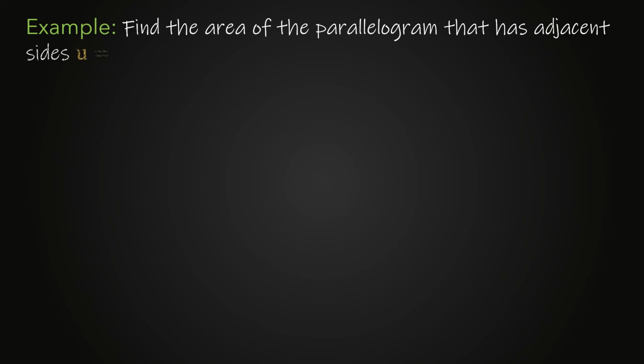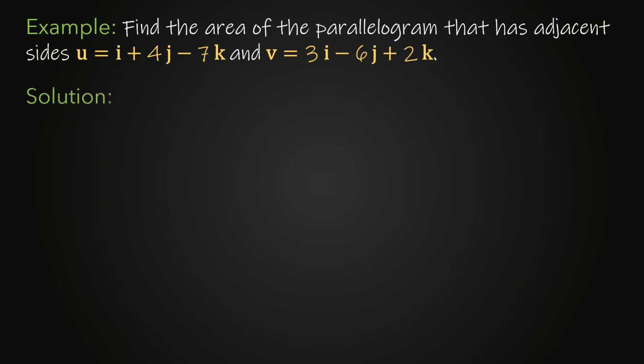Example: find the area of the parallelogram that has adjacent sides u equals i plus 4j minus 7k and v equals 3i minus 6j plus 2k. Solution: the norm of the cross product of two vectors is the area A of the parallelogram that has u and v as adjacent sides.